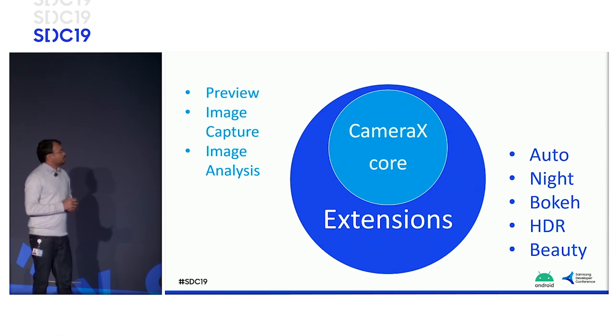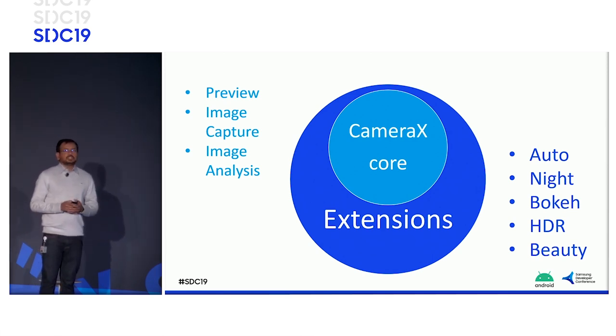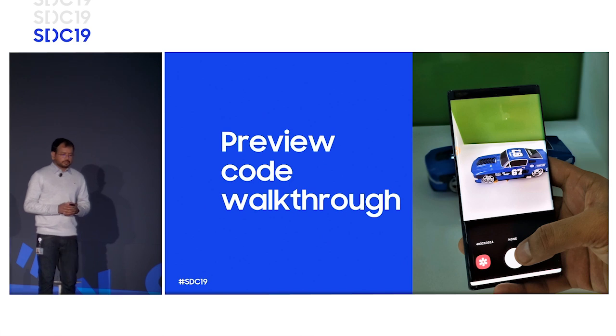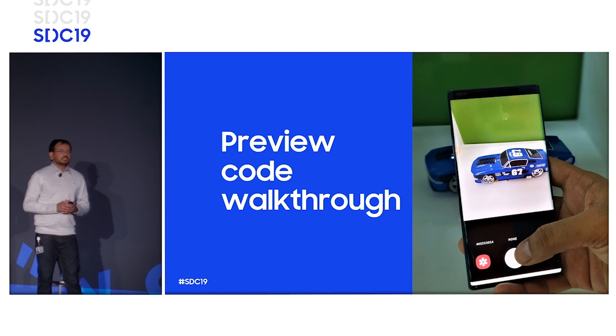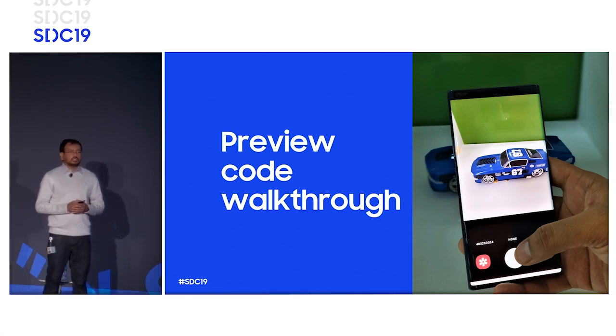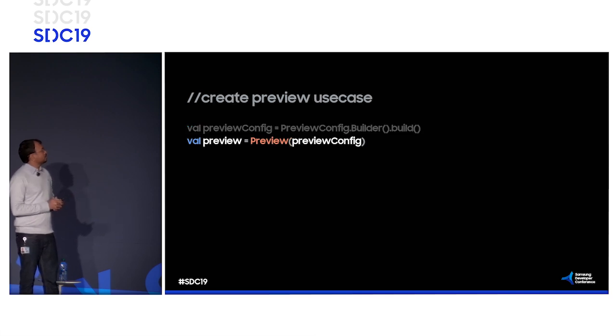Now, let's see how easy it is to code in CameraX. The first thing in a camera application is to do preview or set the viewfinder. Let's see how easy it is to do it. So the first step is to configure a preview. This code is in Kotlin, and you use a preview config or a builder to build the config. Once you set the configuration, you create a preview use case object.